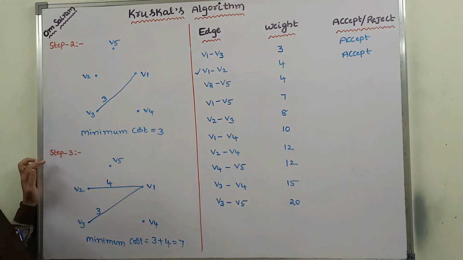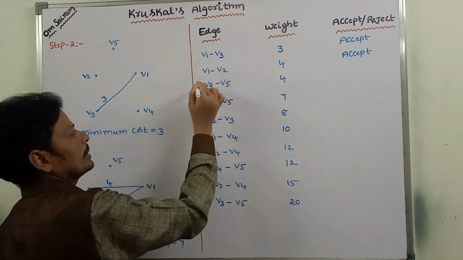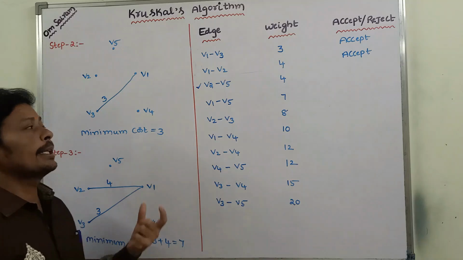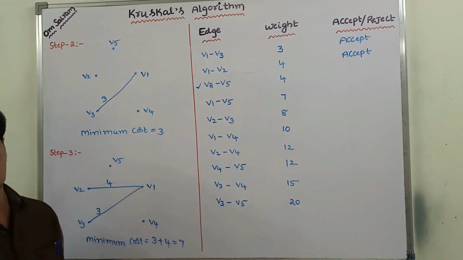Next, we can go for step 4. In step 4, we have to consider whether this edge can be added to the spanning tree or not.